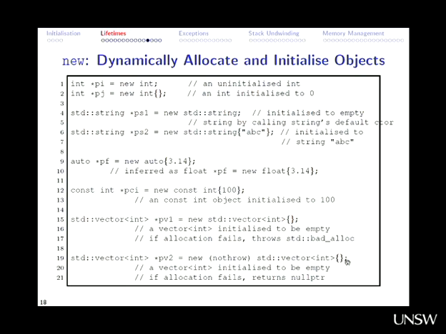Vector is initialized to be empty. If the allocation fails, e.g. out of memory, it returns a null pointer. So this top one up here throws some sort of exception. Here we've said don't throw the exception, and it just returns a null pointer. Okay? So there's lots and lots of ways to dynamically allocate and initialize objects.